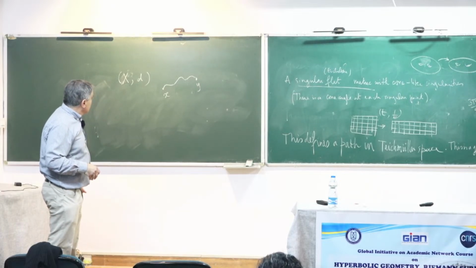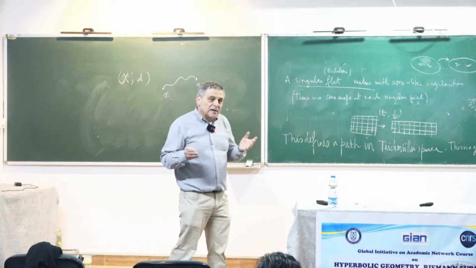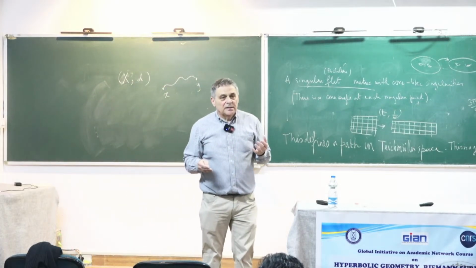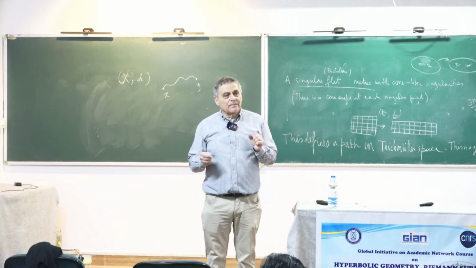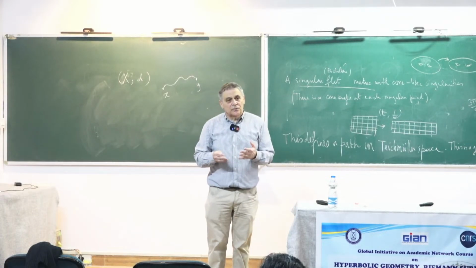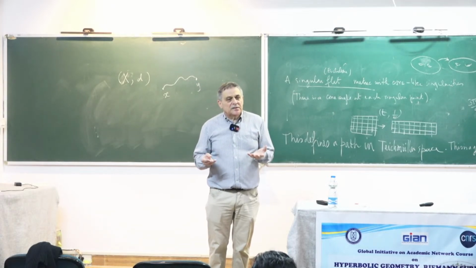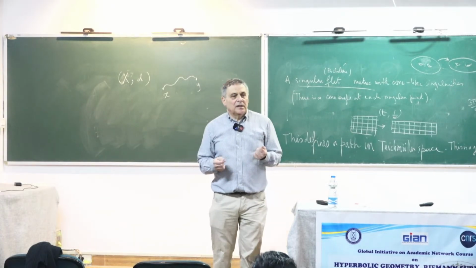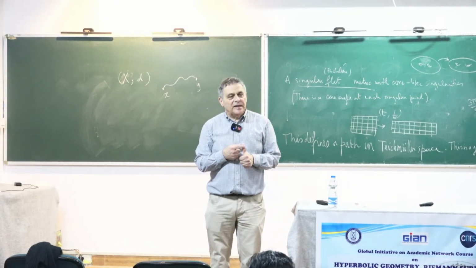The thing is that you must define the length of a path in an arbitrary metric space. You have to prove something to have a well-defined notion of length. Do I have to take differentiable paths?